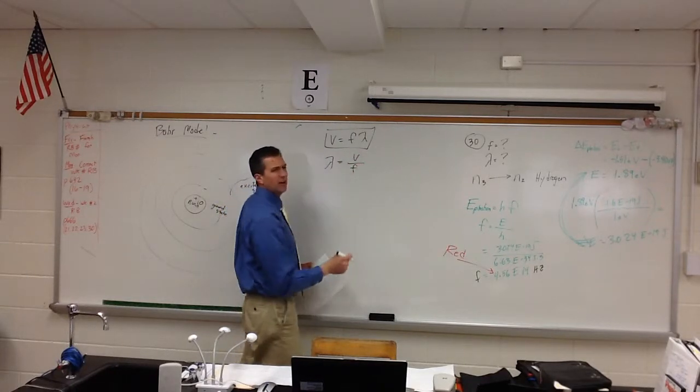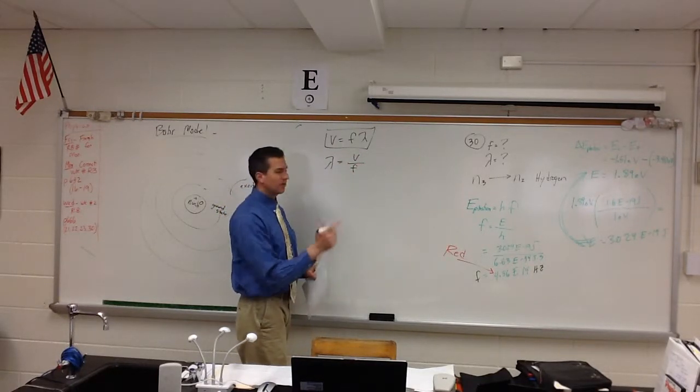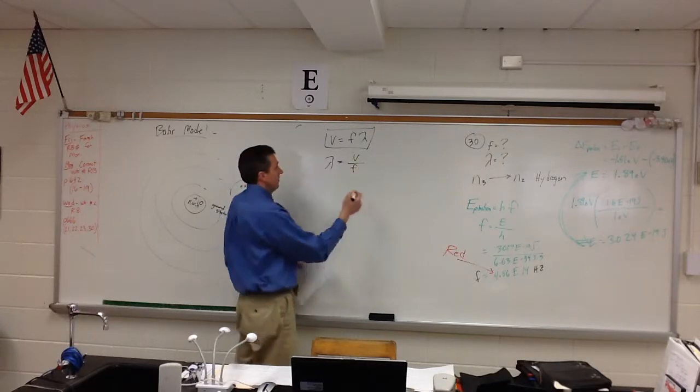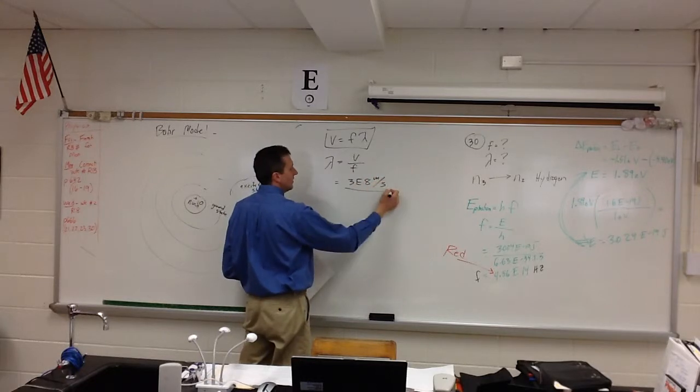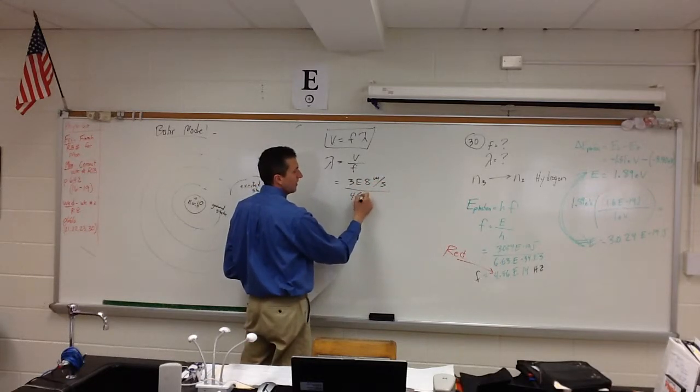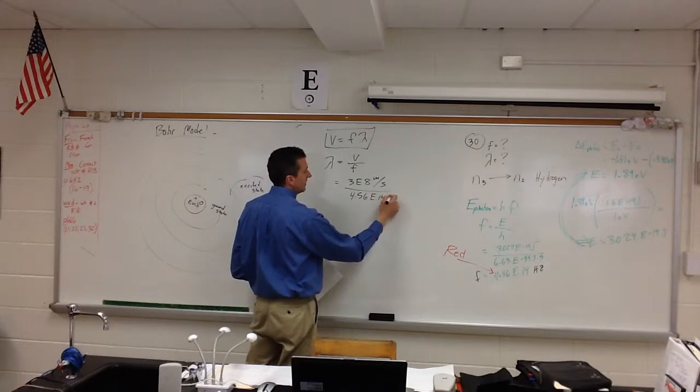What velocity am I talking about? How fast does red move? Speed of light, 3e8, yeah. So 3e8 over a frequency of 4.56e14 hertz.